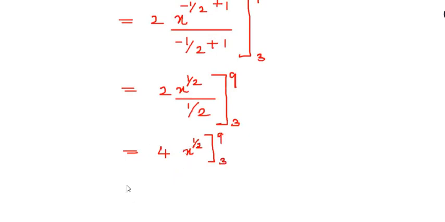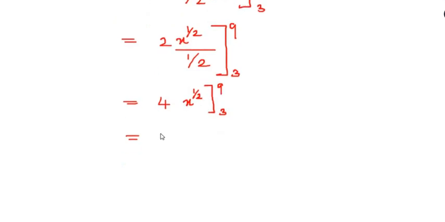Once we have got this, we have to just start substituting the values in the place of x. 4, and then we are going to put the upper limit first in the x place, 9 to the power of half, minus, then we are going to put 3 in the place of x, 3 to the power of half.